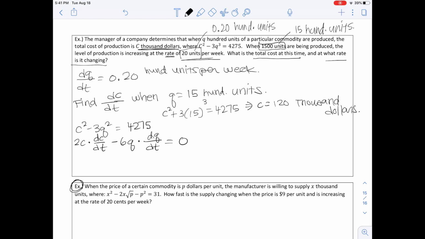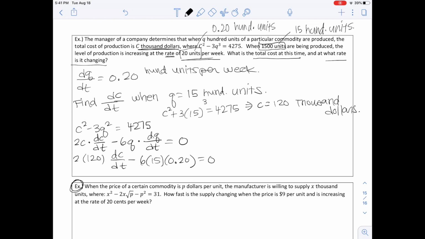We also know that Q is equal to 15 and C is equal to 120, and dC/dt is what we're actually looking for. So we have 2 times 120 times dC/dt, that rate, minus 9 times 15 squared times dQ/dt, which is 0.2. And this is equal to 0.